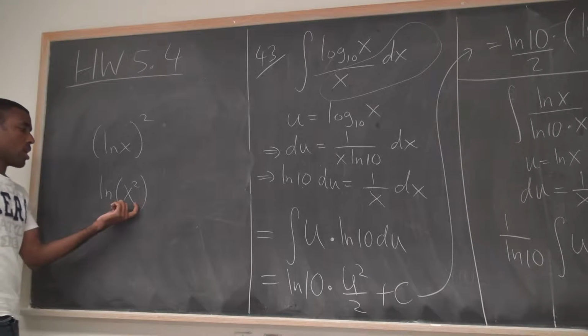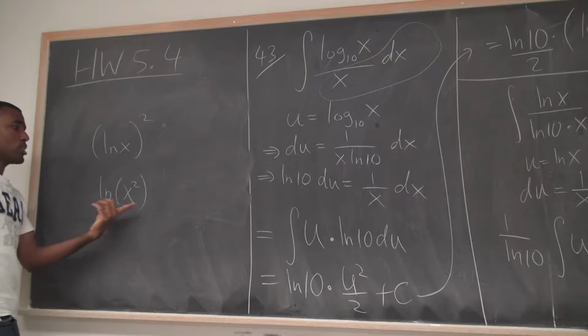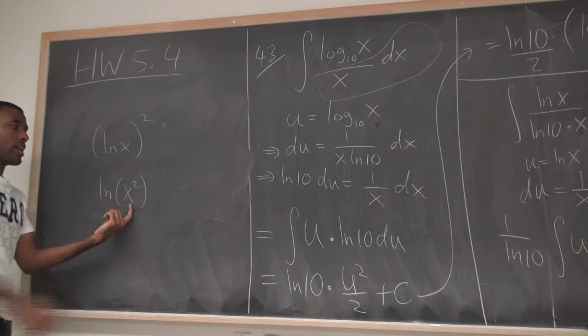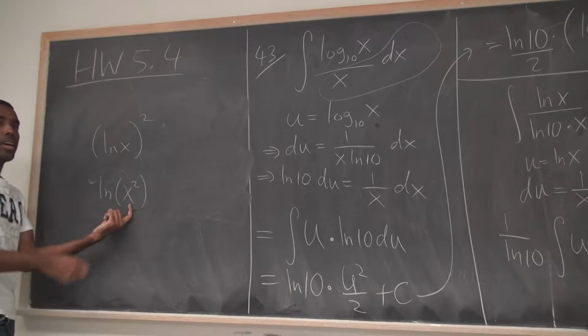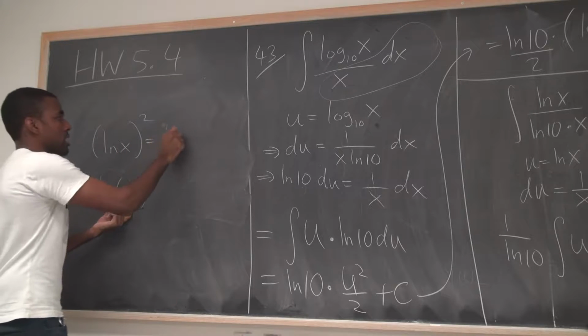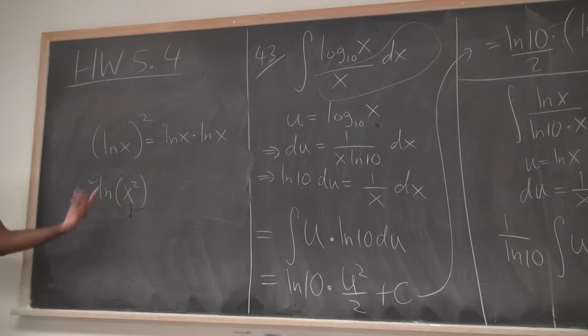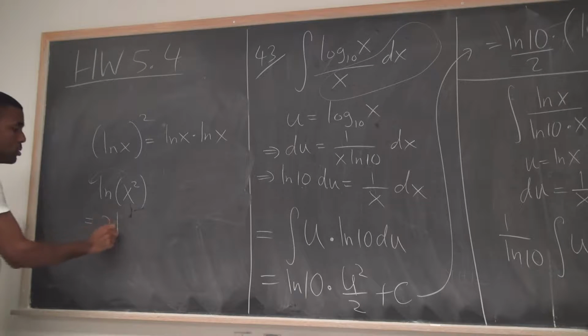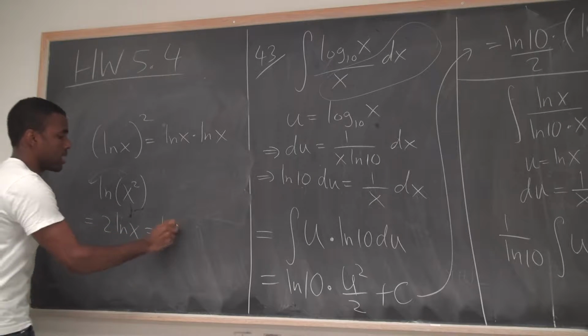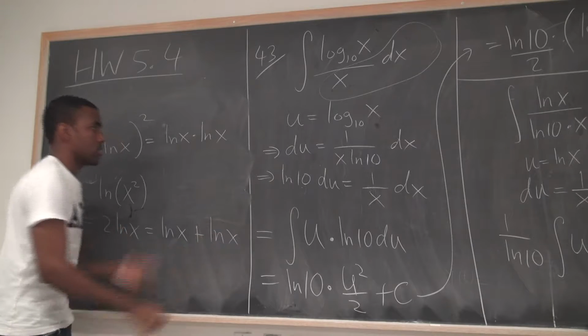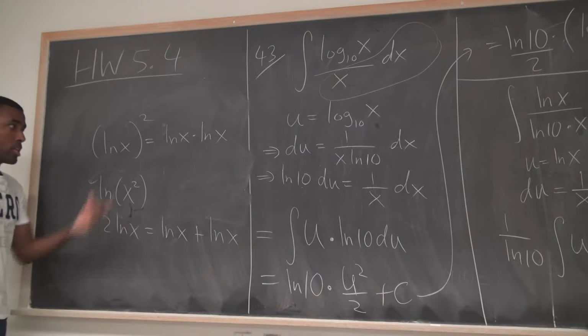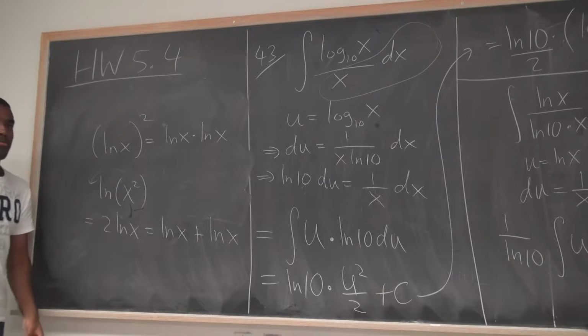One, you're squaring the argument inside the log. Two, you're squaring the whole thing. This guy I can bring the 2 down. This guy I can't. This guy is actually just ln x times ln x. Where this guy is actually 2 ln x, which is ln x plus ln x. Right? They're different. So be careful of that. Where your parentheses are matters greatly.